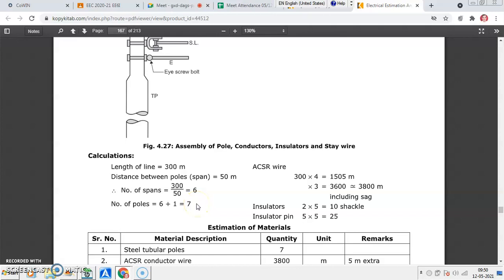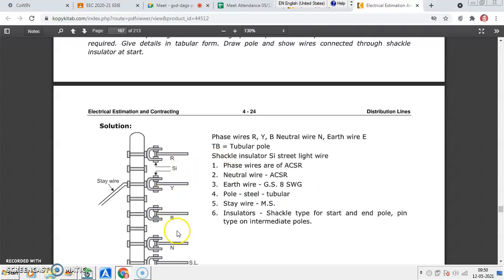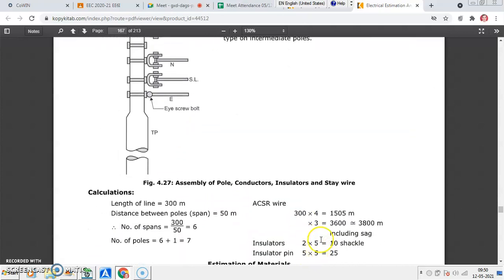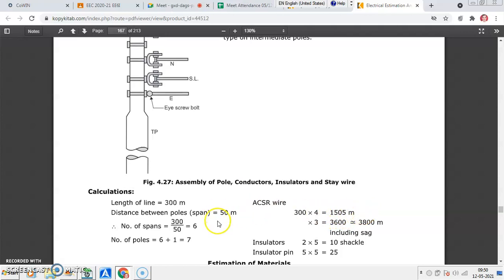Then you may need ACSR conductor wire. Length is 300 meter. You may have 4 conductors R, Y, B and neutral. So 300 into 4 gives 1200 meters.